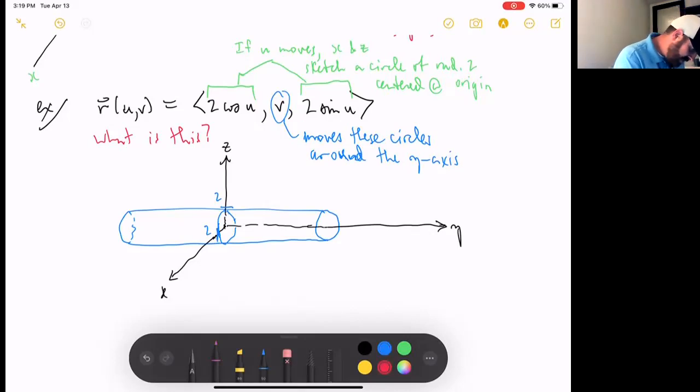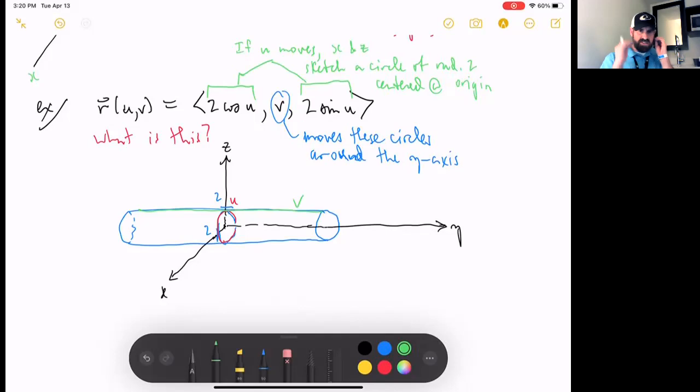Moving us around on these circles is the parameter u, and moving us in this direction along the y-axis is the parameter v. So these little circles get strung like rings around the y-axis. That's how we would parametrize that particular surface.